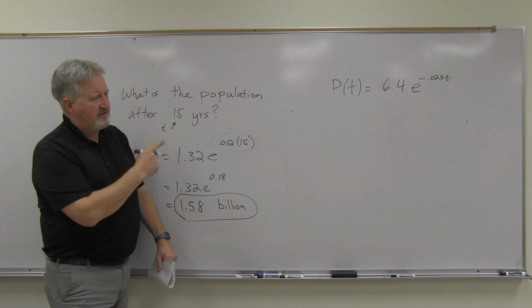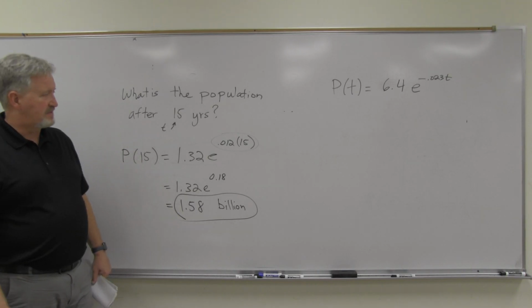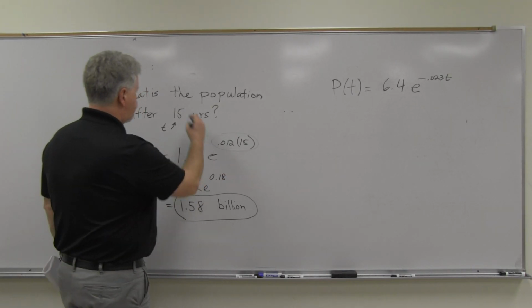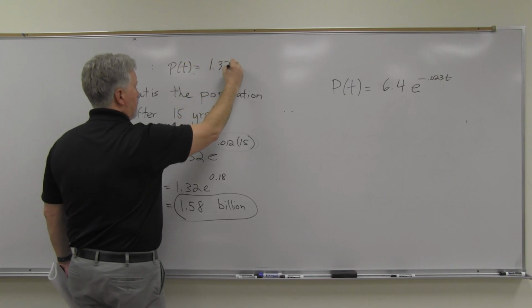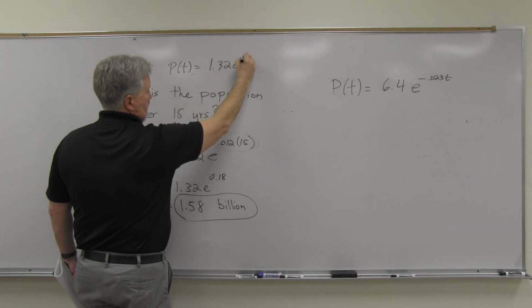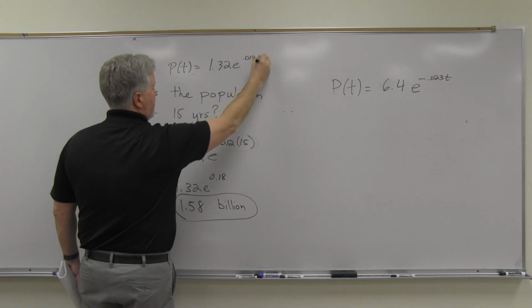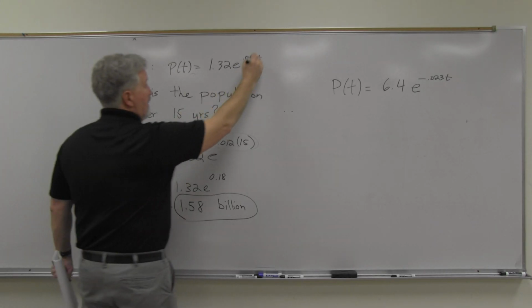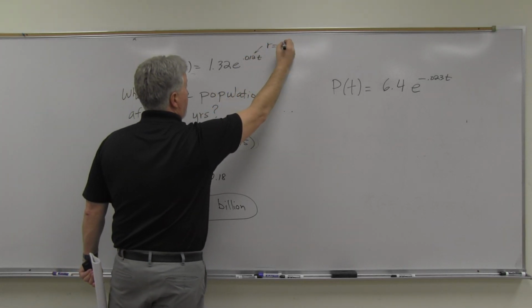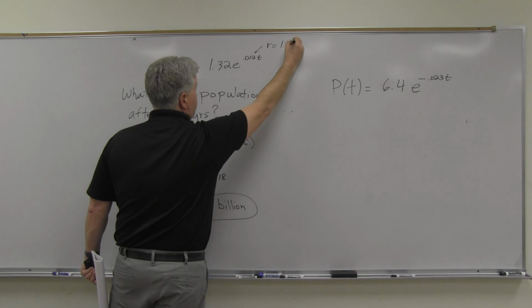What's the growth rate for this one from our previous discussion? Over here, it was P of t equals 1.32 e to the 0.012 t. That was our model on this one. And my growth rate, R, was 1.2%.